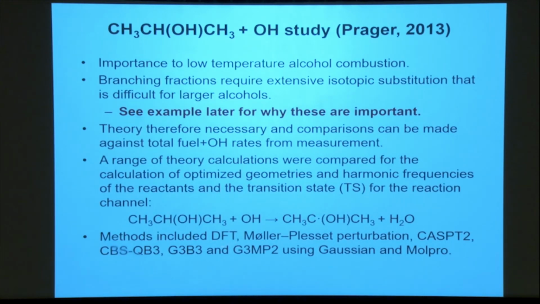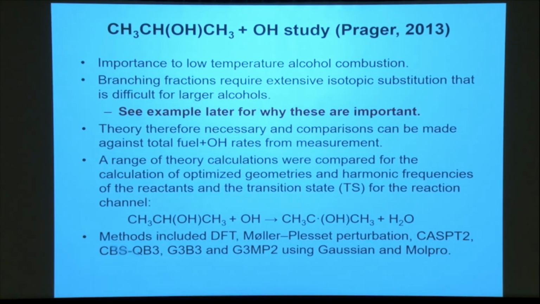So they included density functional theory methods, perturbation methods, complete active space methods, and the composite methods I talked about yesterday, like CBS-QB3, which is the cheaper of them. These were all calculated using Gaussian and MolPro, and then they looked across these different methods to see what the level of variability was in the predicted transition states and well depths, etc. And then they propagated that through to predictions in the rate constant.